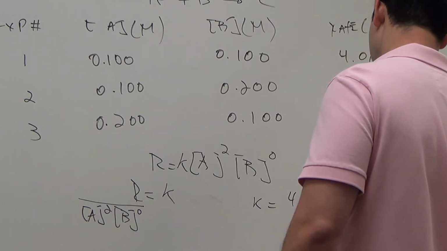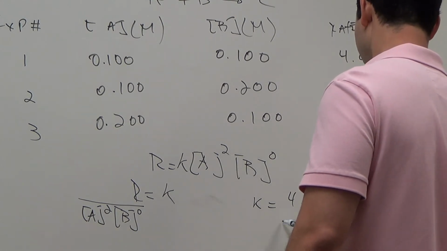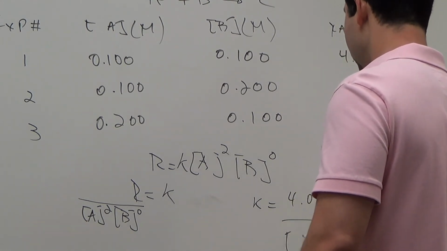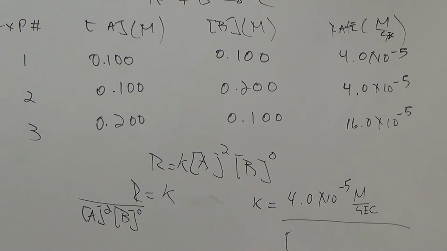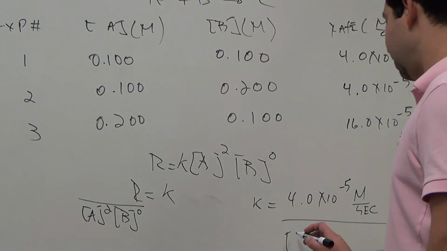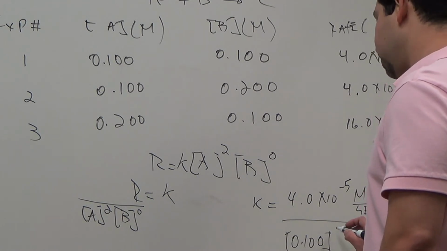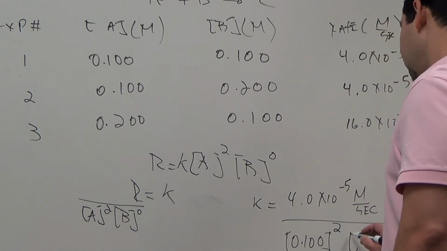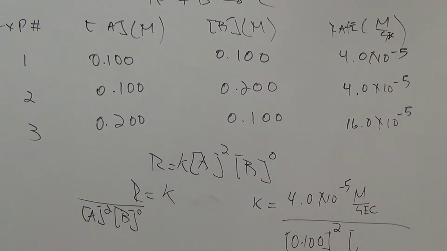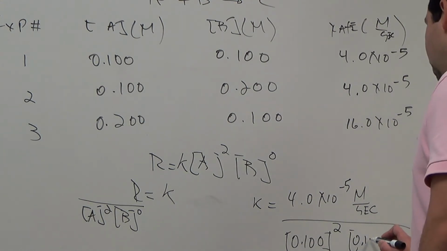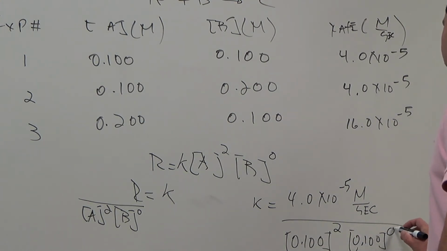Units are molarity per second, divided by the concentration of A raised to the 2nd power. What's the concentration of A for the first rate? 0.1 raised to what power? Second power. Concentration of B is 0.1, but raised to what power? Zeroth power. So this is equal to 1, yes?